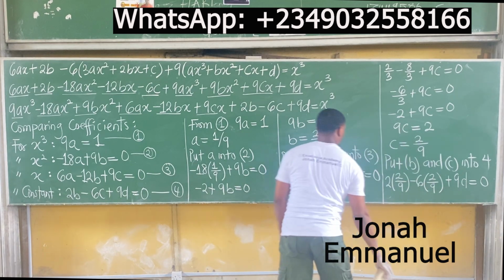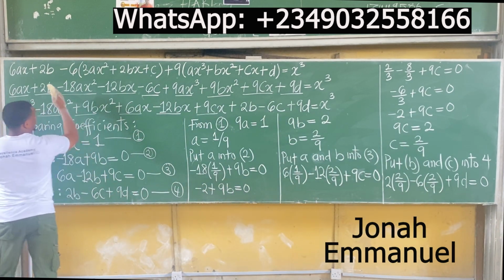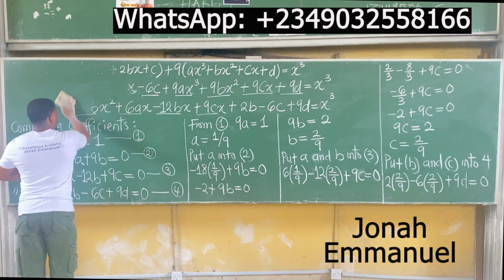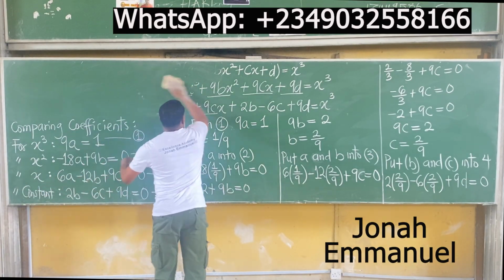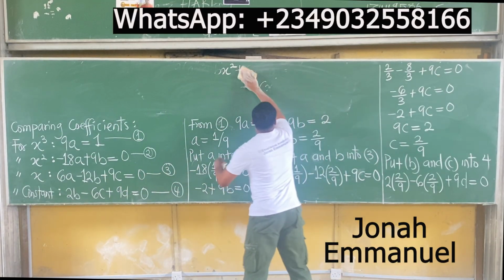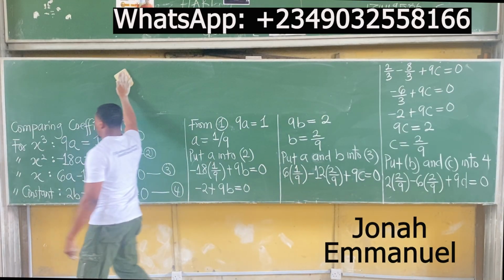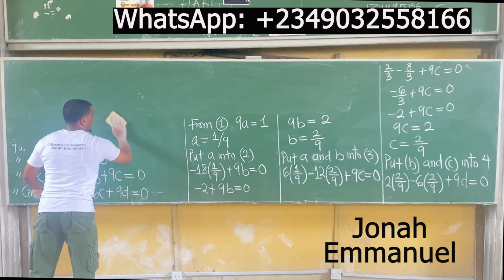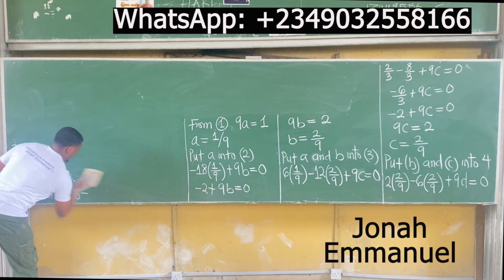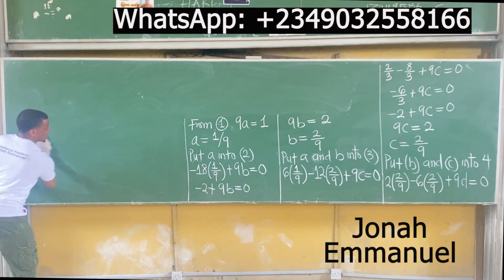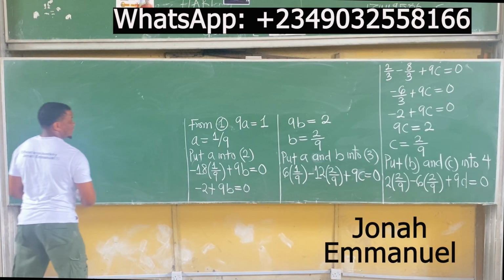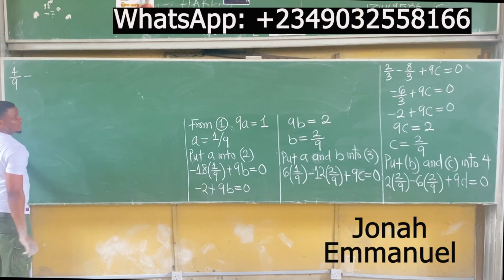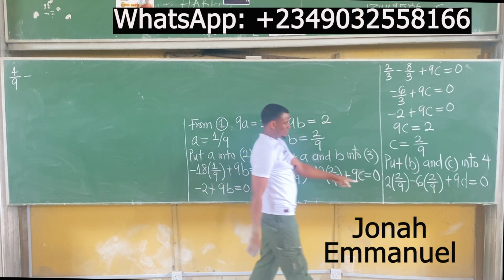Let's solve this. 2 times 2 over 9 gives you what there? 4 over 9.